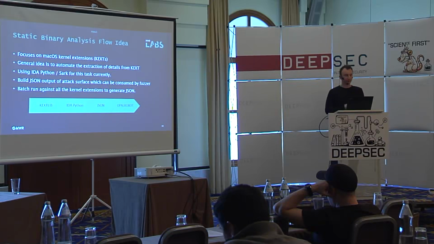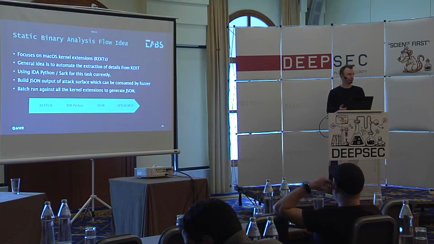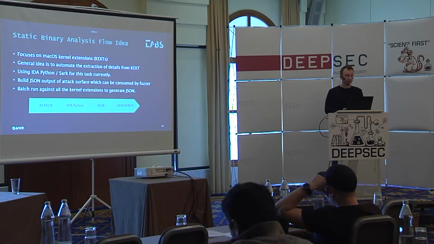Basically, using IDA-Python scripts, it would parse the device drivers, the KXTs, extract that information, and build up a JSON representation of the attack surface. That way, you can make tweaks to the attack surface, you can feed that into the fuzzer, and it can consume that JSON and act on that.